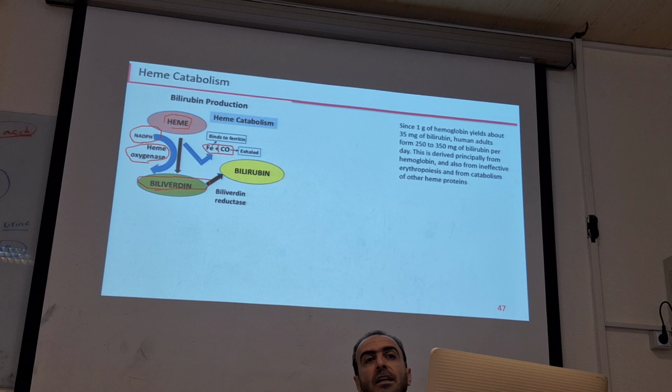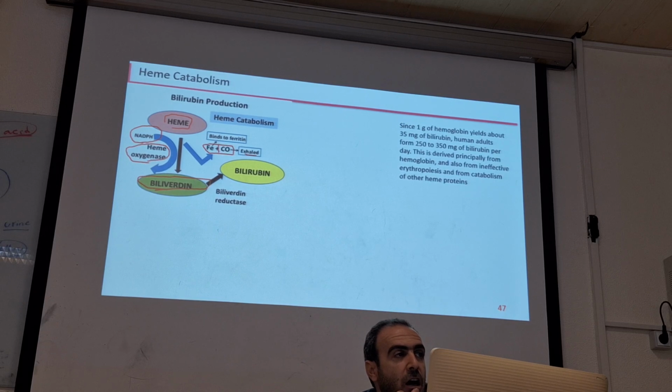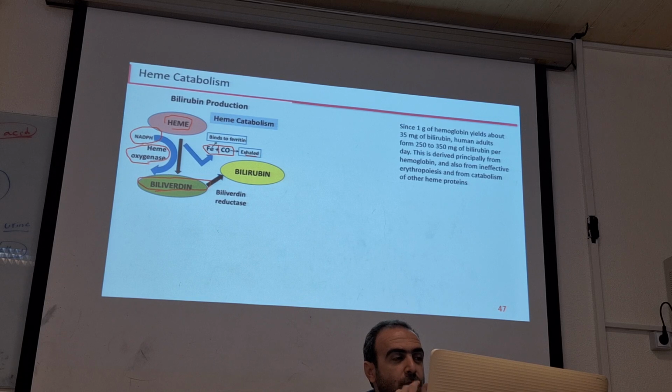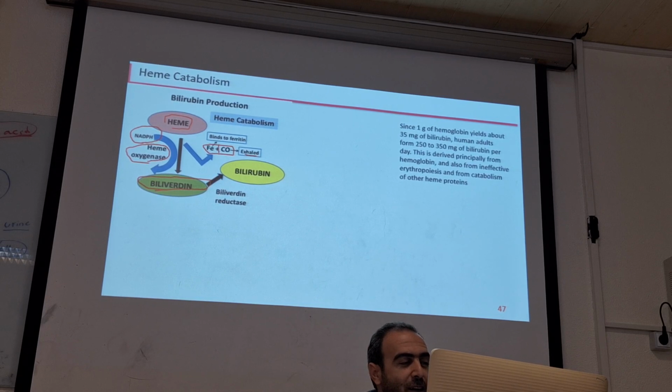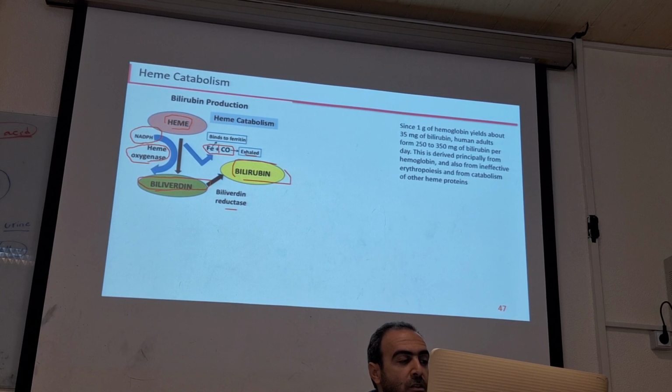The only enzyme in our body which produces carbon monoxide is heme oxygenase, and CO is exhaled, breathed out. Biliverdin reductase converts biliverdin to bilirubin, and the color of bilirubin is yellow.